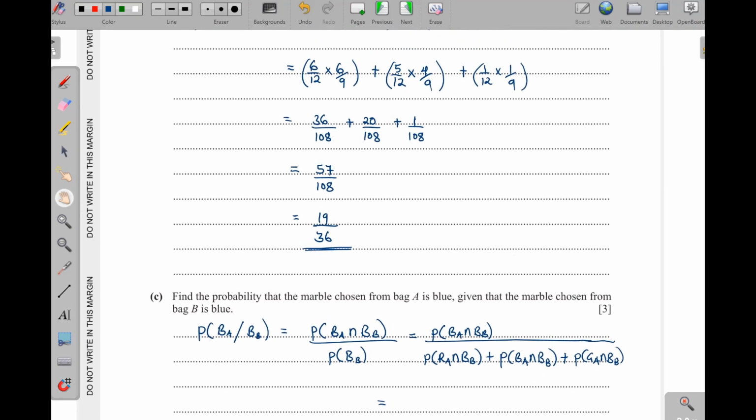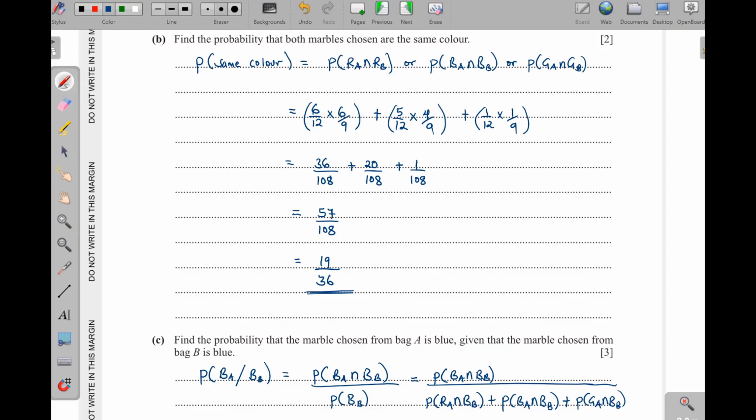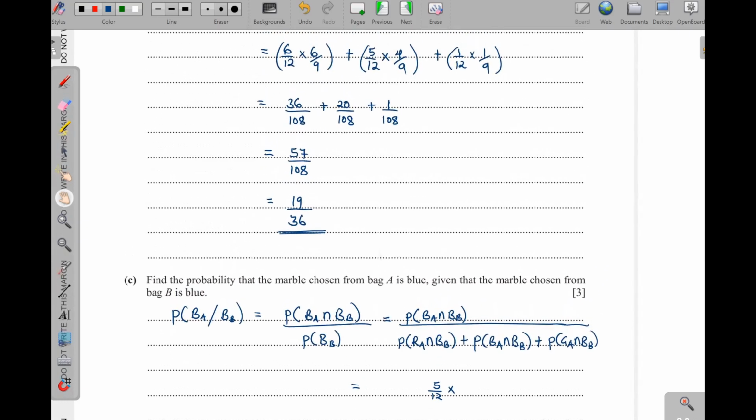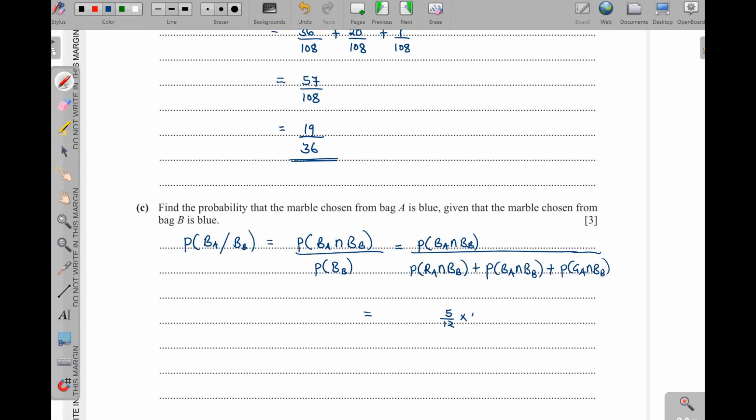Blue from A, blue from B. We have even gotten it here. This is the one here. 5/12 times 4/9.